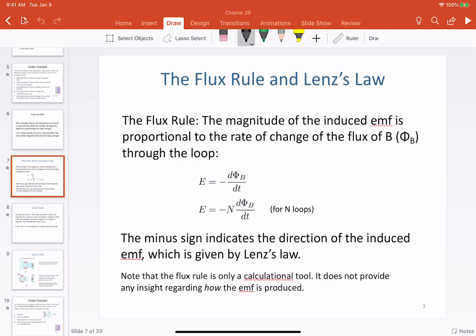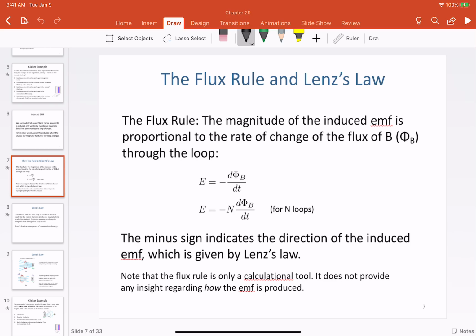So now we are going to talk about what is called the flux rule, which quantifies how much EMF is going to be produced when you make a change in the flux of the magnetic field, right? What Faraday found out was that the EMF produced is proportional to the rate of change of flux, right?